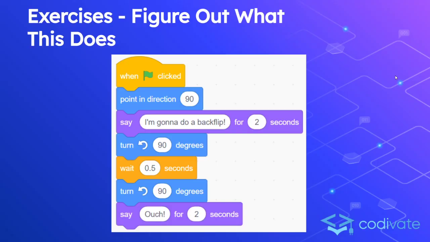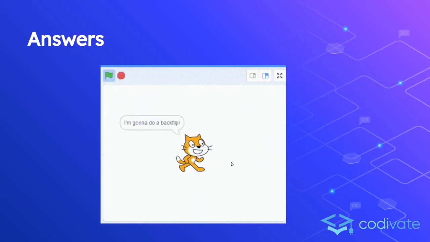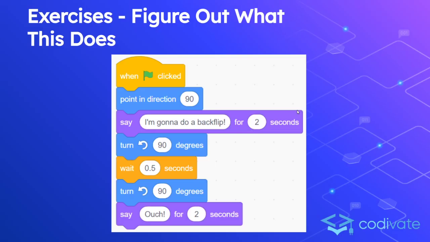Next one is point direction 90, say you're going to do a backflip, turn counterclockwise 90 degrees, turn again, and then say ouch. Now what that's going to look like is this. Point direction 90, turn, turn, say ouch. Exactly as I said.